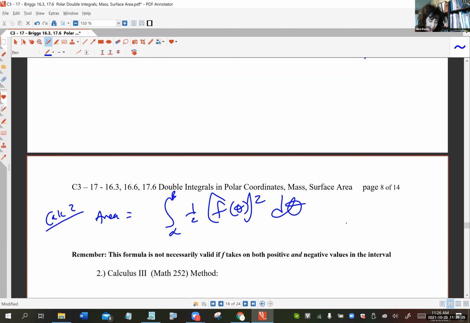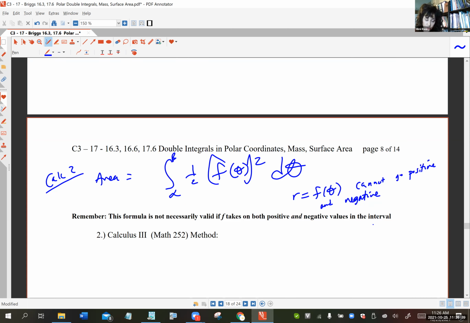And the only caveat, where r was f of theta, is that r cannot go both positive and negative on your interval. If that happened, you had to figure out where it was only all positive or only all negative. And that's still going to be true for us.